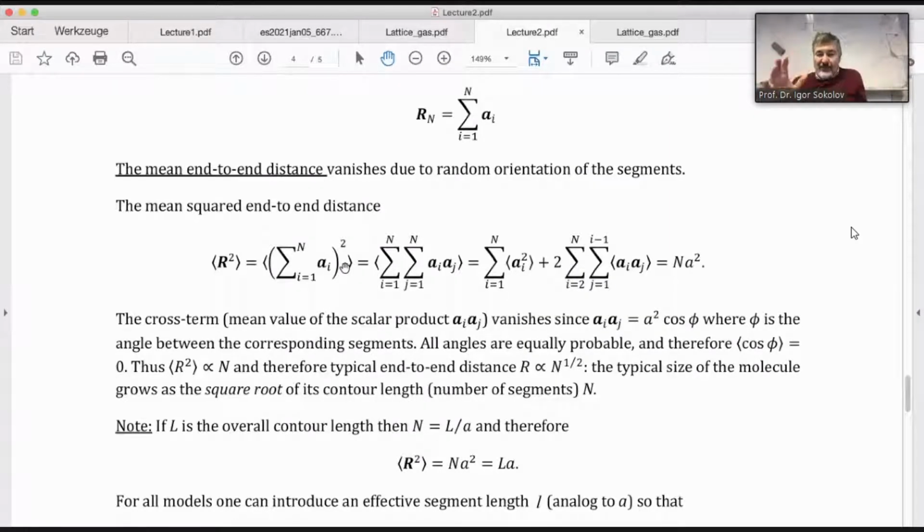It works for sums and it works for integrals. The square of a sum is a double sum. If I take a sum and multiply it by the same sum, the only thing I have to do is to use a different index. Because I have A1, A2, A3, and here I have A1, A2, A3, but I have to take the products of all different A's. So it's a double sum of AI, AJ.